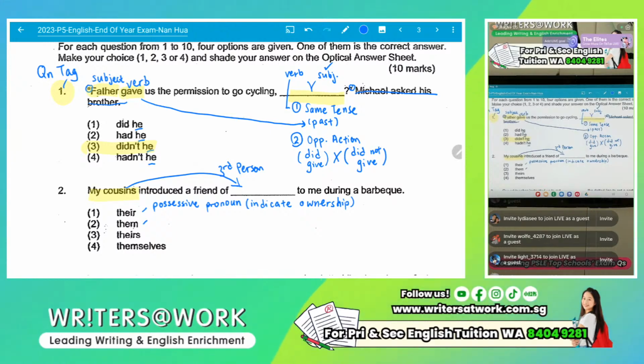On the other hand, them has a similar usage but is quite different in structure over here. Them is used as a pronoun for a verb.